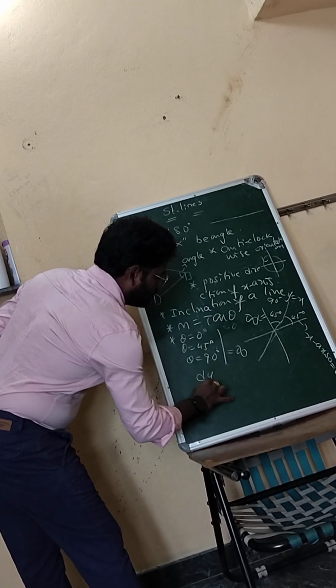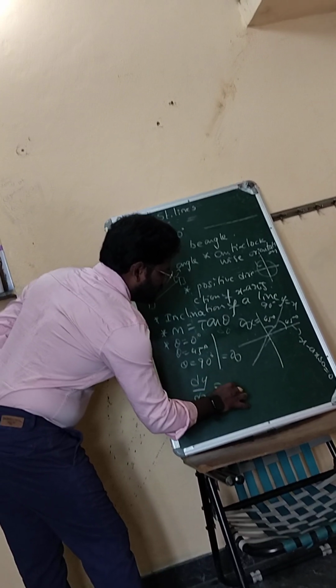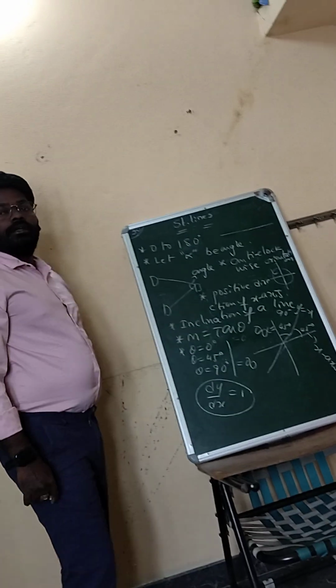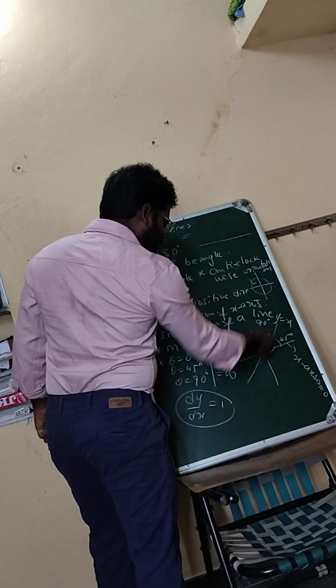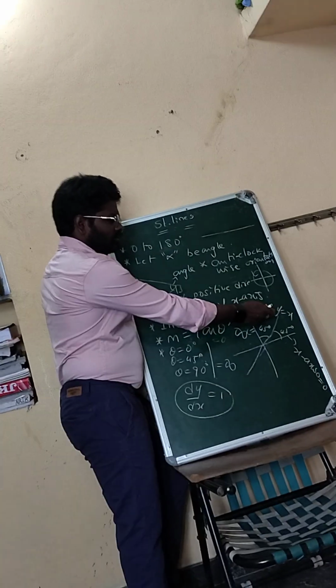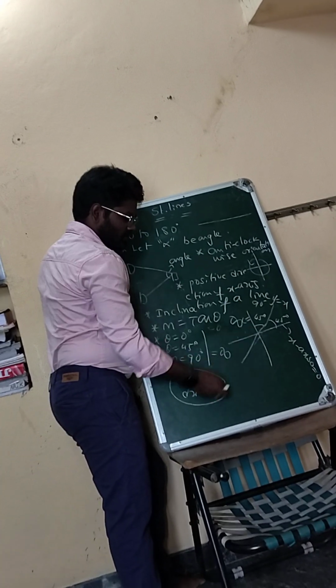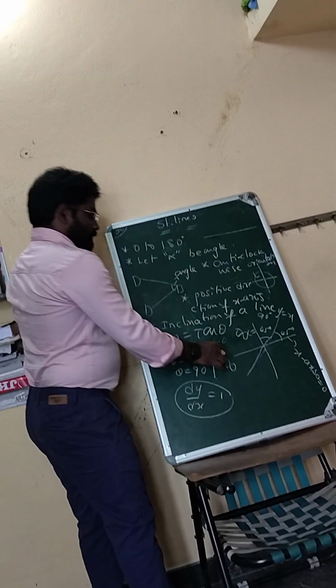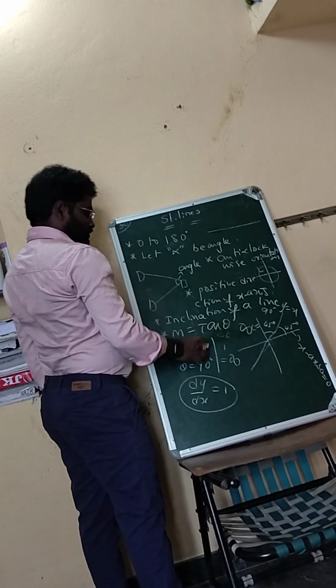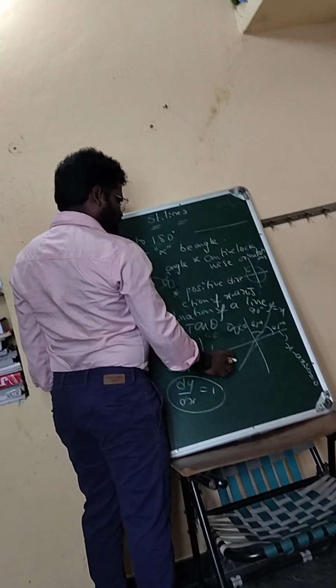Next, the y equal to x line: rise over run, dy by dx equal to 1, meaning the y derivative is dy and the x derivative is dx. So 0 degrees gives 0, 45 degrees gives 1, 90 degrees gives infinity.